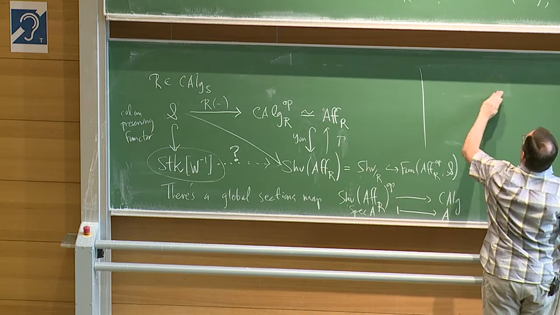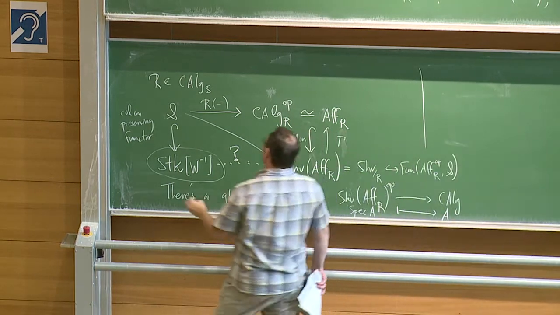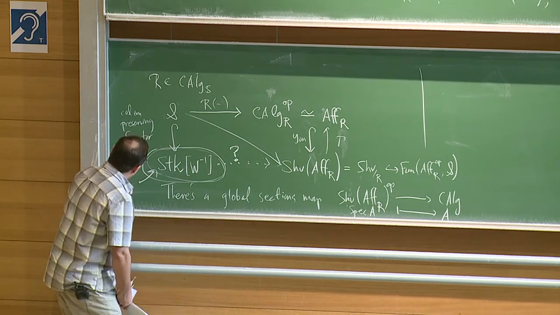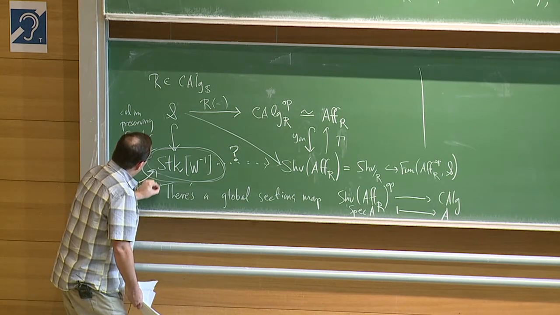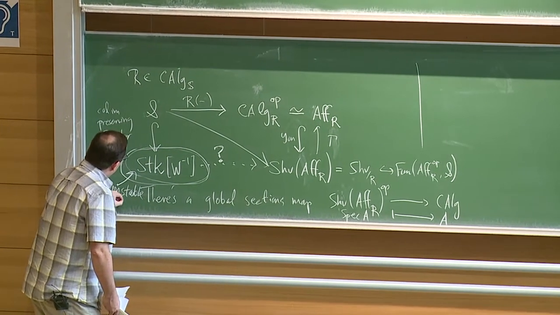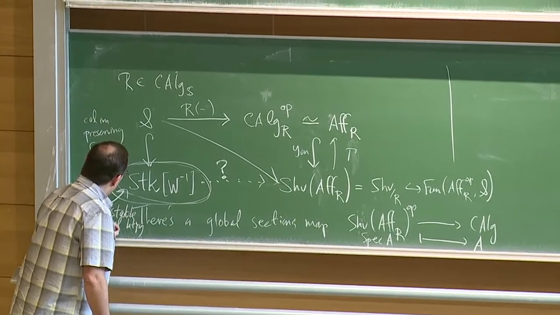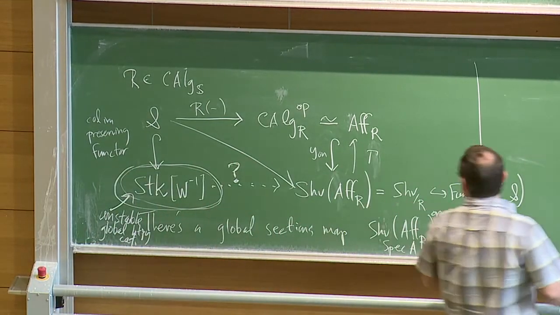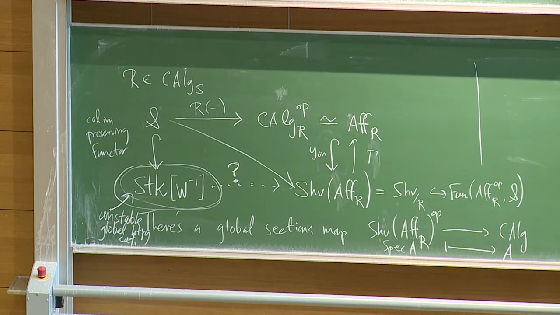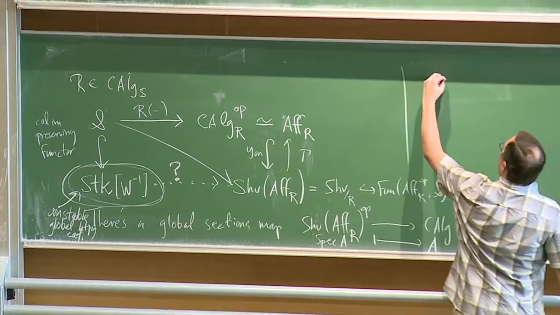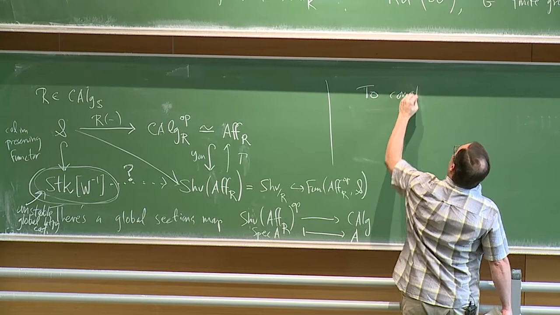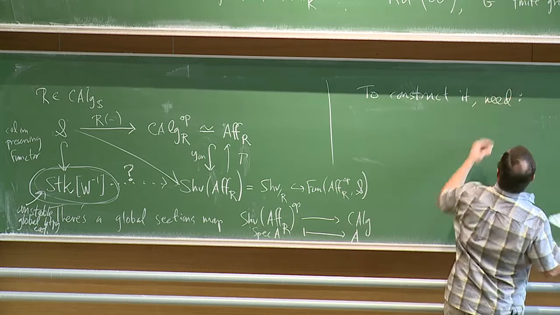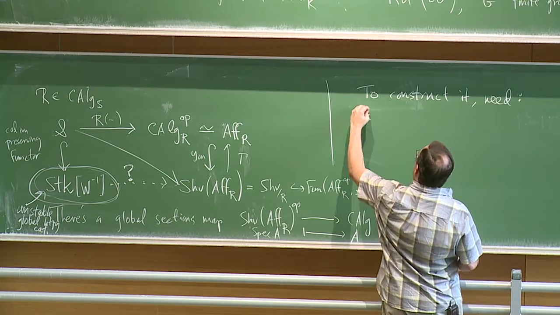The first thing that I want to talk about is what this category really is. This is what Schwede calls the unstable global homotopy category. And it has a nice presentation. What we need to construct it, we need three things.